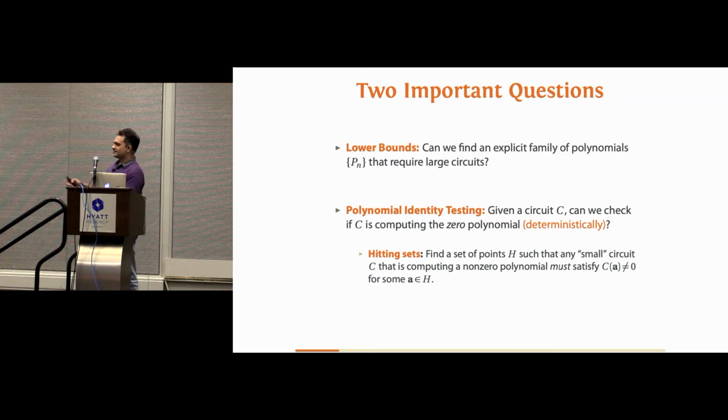And in some sense, this is like an identity test where you're only allowed evaluation access to the circuit. And it turns out, even though one is a lower bound question and the other is an upper bound question, these two problems are very, very intimately connected to each other.